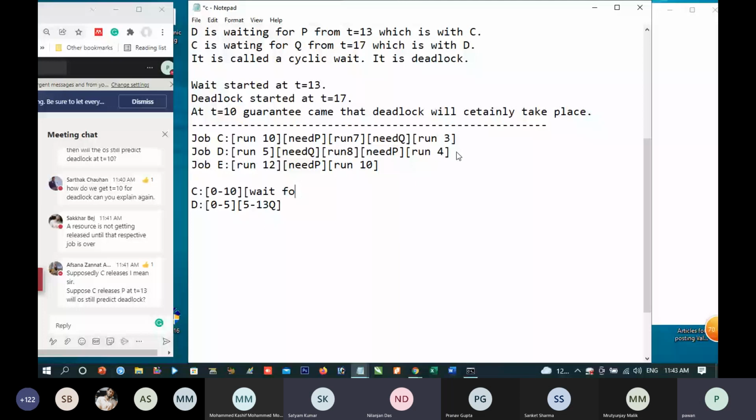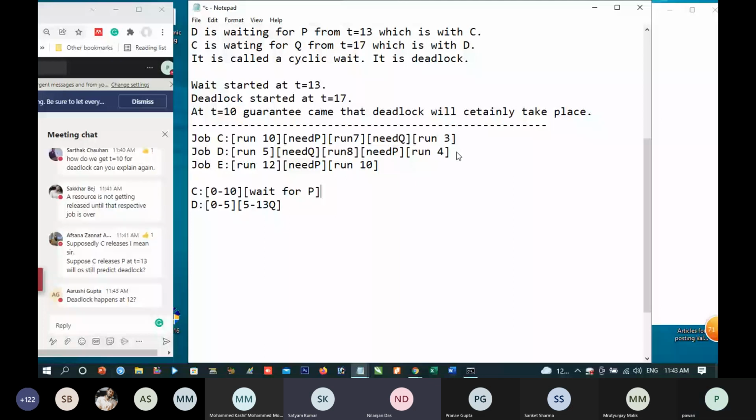Very funny thing. A resource P is available and why has it not been given to C? Because of foreseeing by the operating system. No, deadlock will not happen at 12. Just listen. Wait.